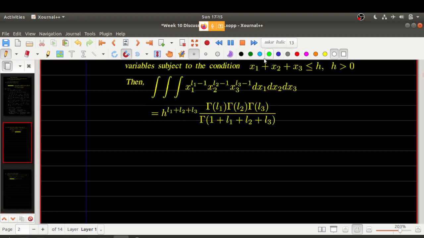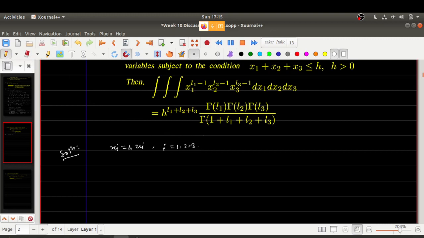To get it into your already proved form, the simple substitution we have to use is xi equals h times ui, for i equals 1, 2, 3.